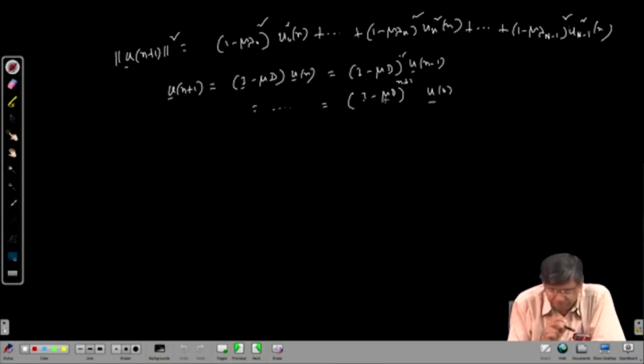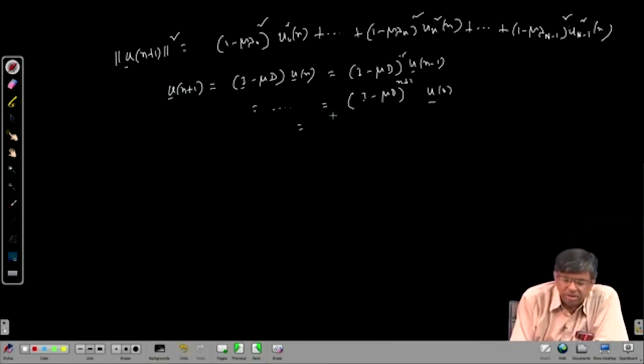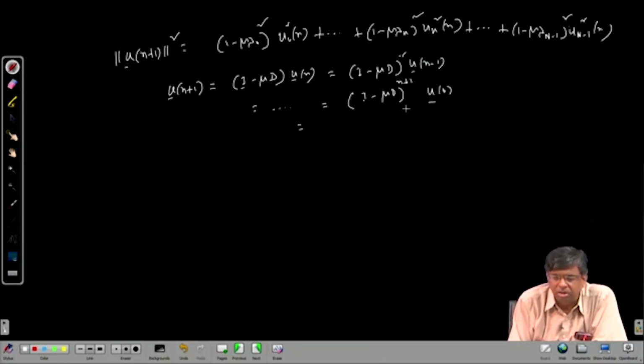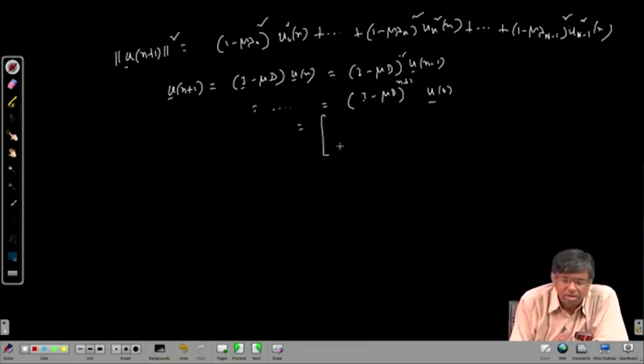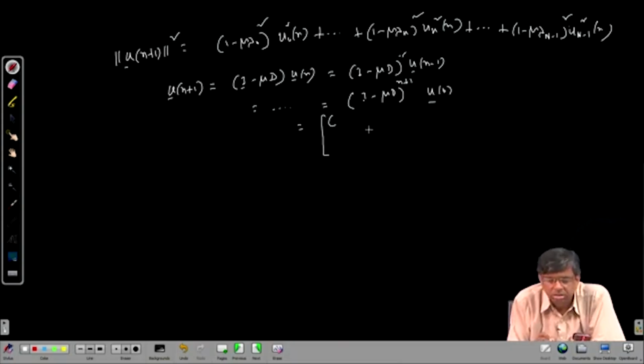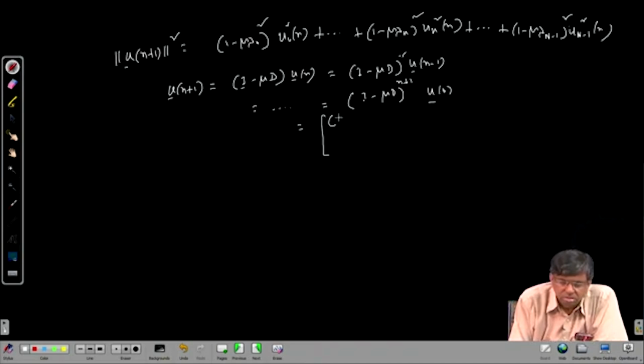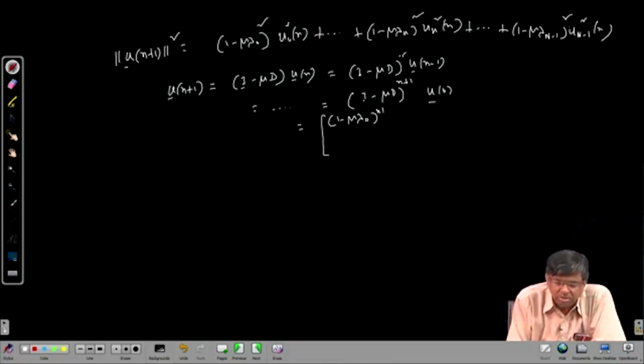This means diagonal matrix into diagonal matrix into diagonal matrix, that will be a diagonal matrix, right. So, it will be (1 − μλ0) to the power n plus 1 times.